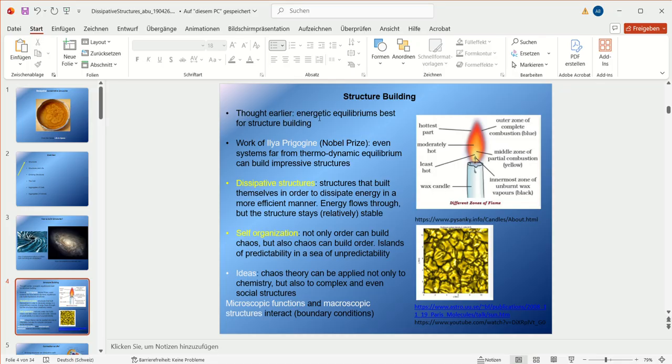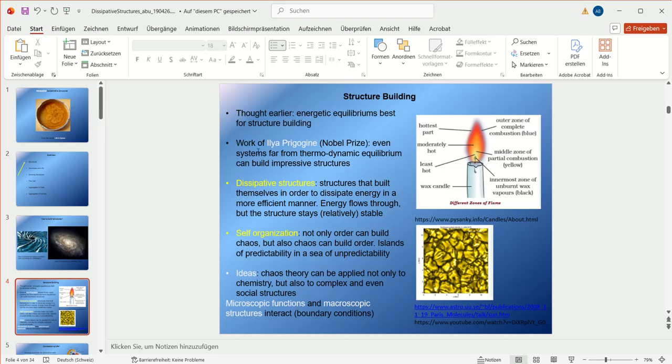In the earlier days, people thought that if you have large energies, that's not good for structure building, which is sometimes true. If you throw a bomb, it tends to destroy structures and not to build structures.